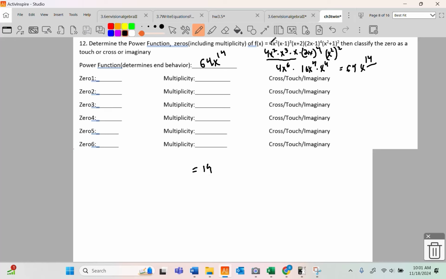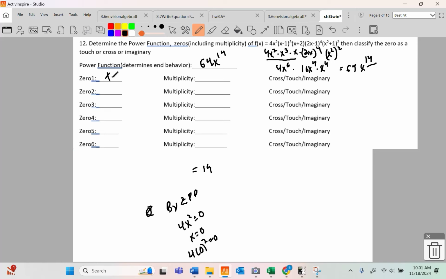All right, the first zero comes from using the zero product property. So by ZPP, 4x squared is 0, and the only way this possibly becomes true is if x is 0. If you don't understand that, you need to think about it, because isn't 4 times 0 squared equal to 0?